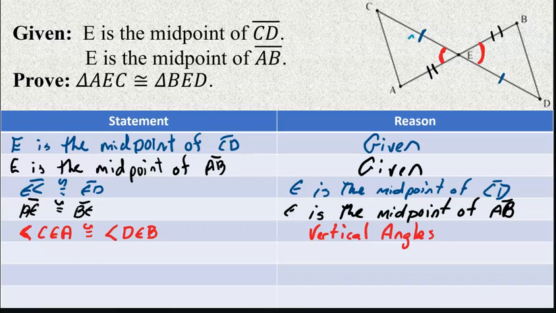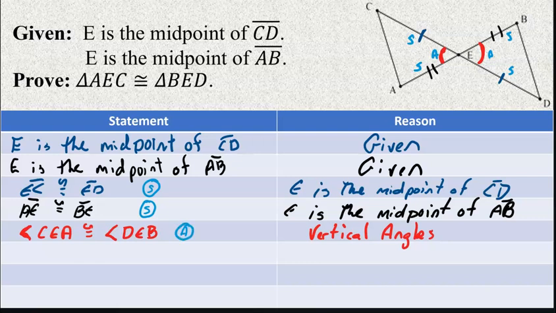So when I take an inventory, side, this is an angle and that's a side, this is a side and that's an angle and that's a side, I see that my triangles are congruent by side, angle, side. Now I'm just going to take that same inventory on my table, this is a side, this is a side, and that's an angle.